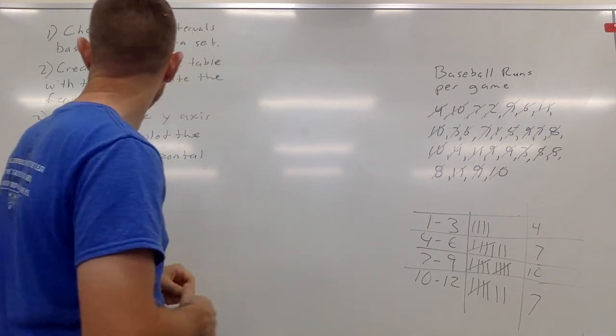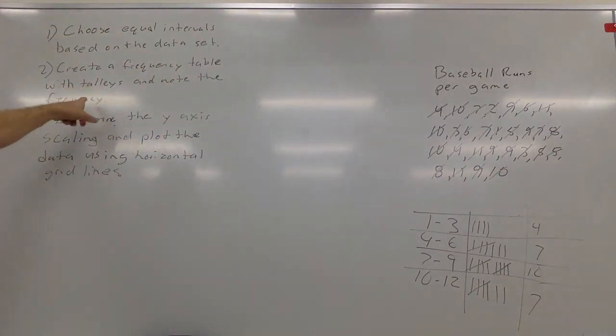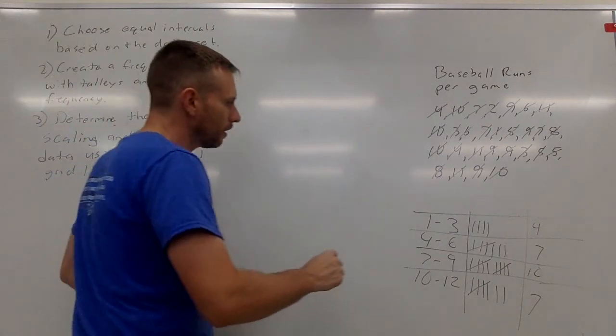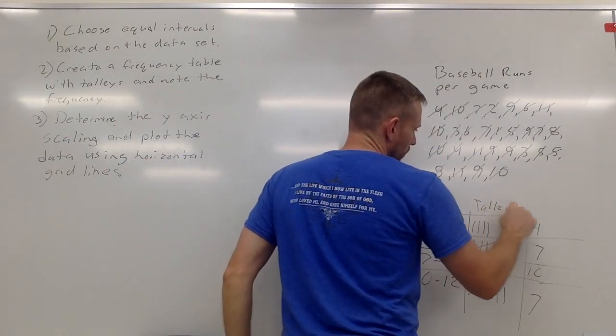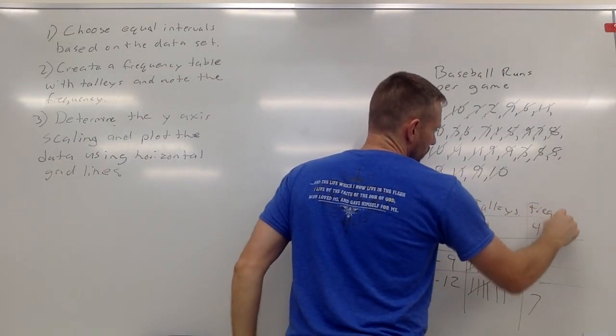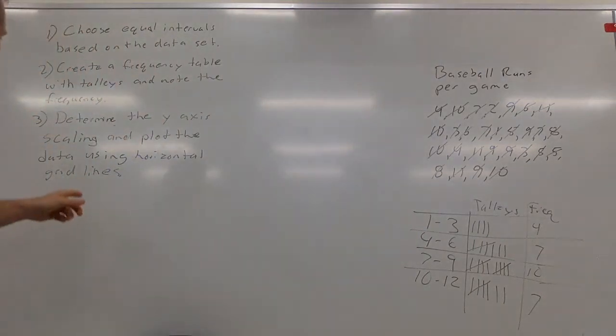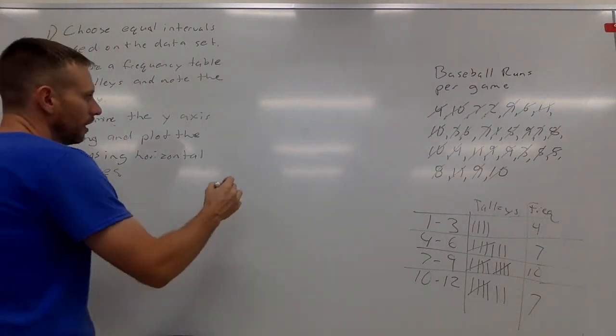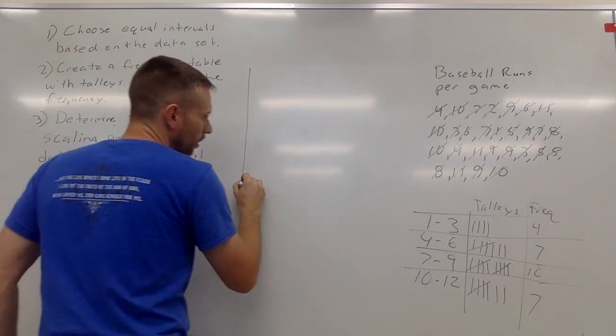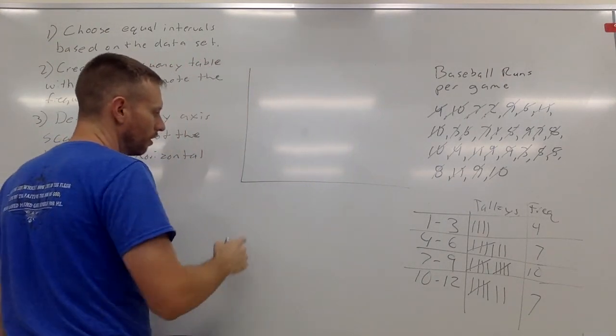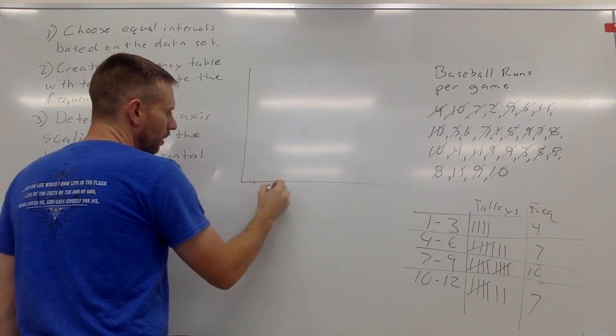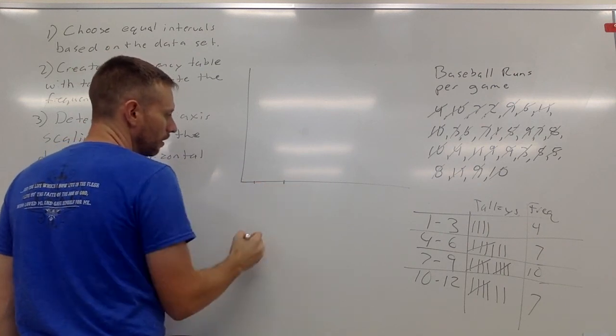Now we're going to create a frequency table with the tallies and note the frequency. Here's the tallies. Here's the frequency. Okay? Determine the y-axis scaling and plot the data using the horizontal grid line. So now I'm going to make my histogram. And on the bottom of my histogram, I'm going to make even space.